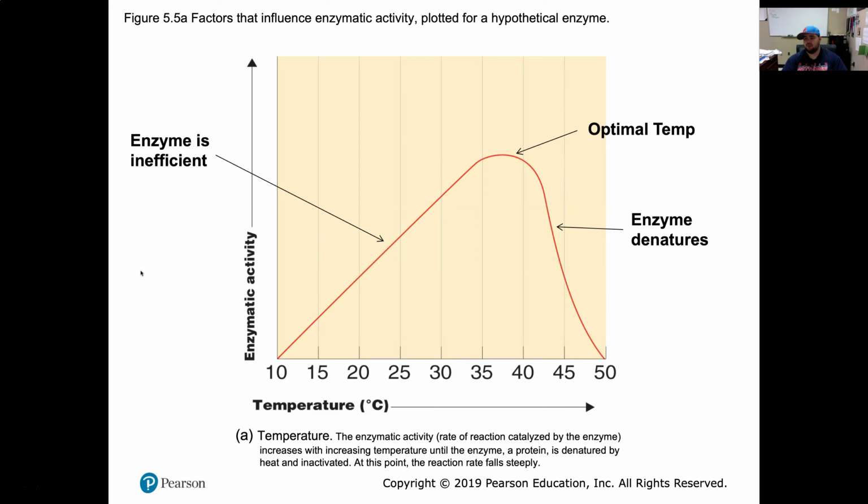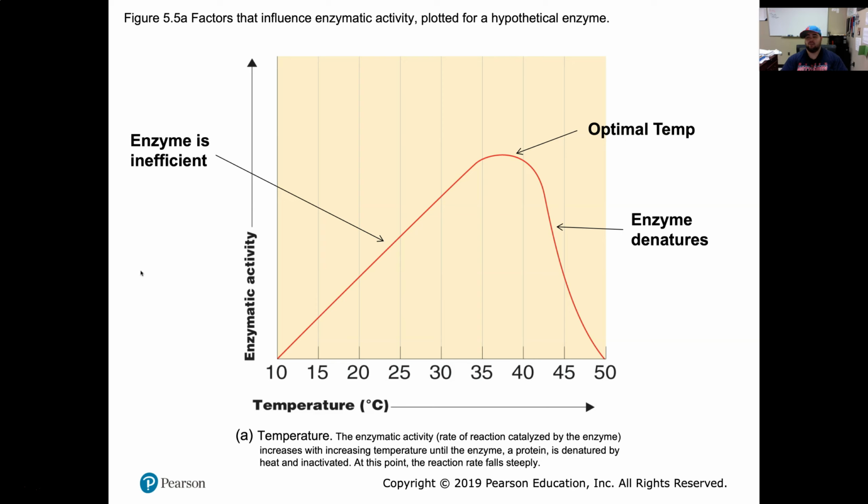Now, it doesn't go down to 0. It's still going to require energy, but it's going to be less than without an enzyme. So let's say a reaction requires 100 units of energy to start. That's its activation energy without an enzyme.